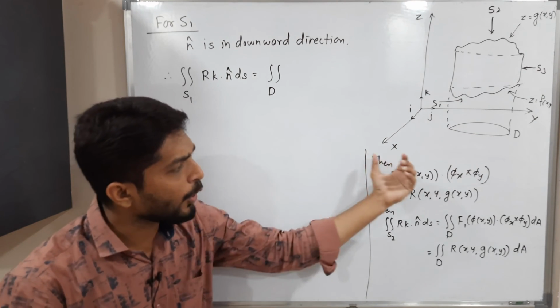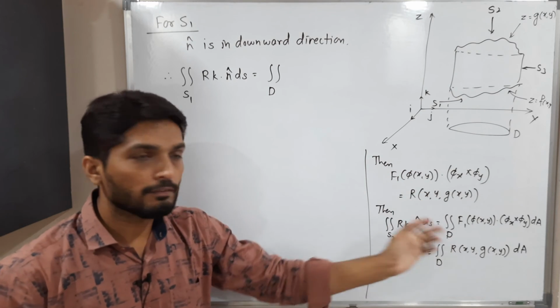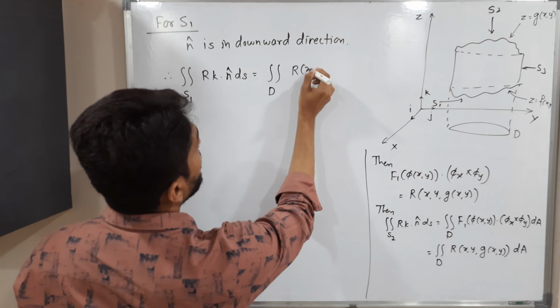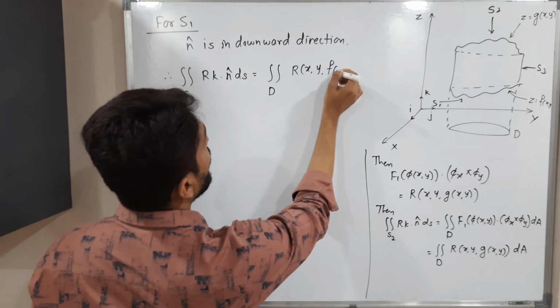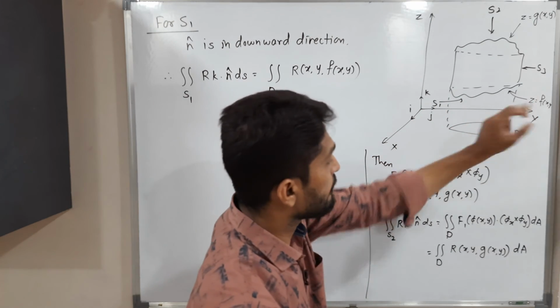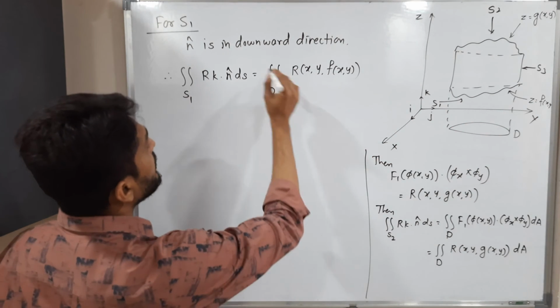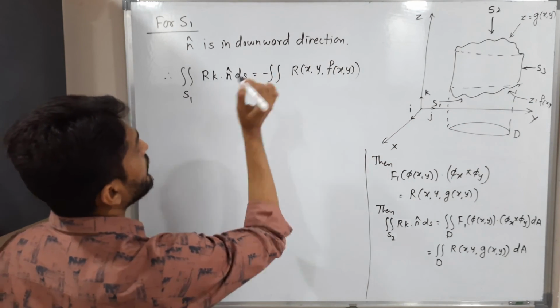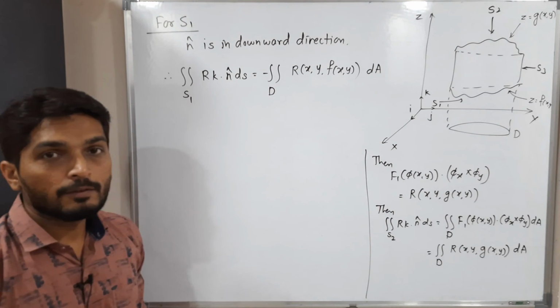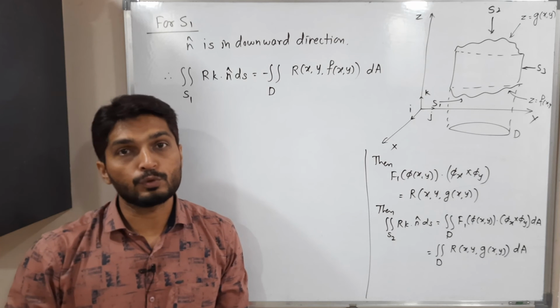Actually you can perform all these steps and you will finally have the same answer. So D, R of x y, f of x y should be mentioned, since the equation of S1 is f of x y. The normal vector is in the opposite direction, so that is why I should write a minus sign, and dA. So directly I wrote the value of the double integration over S1.